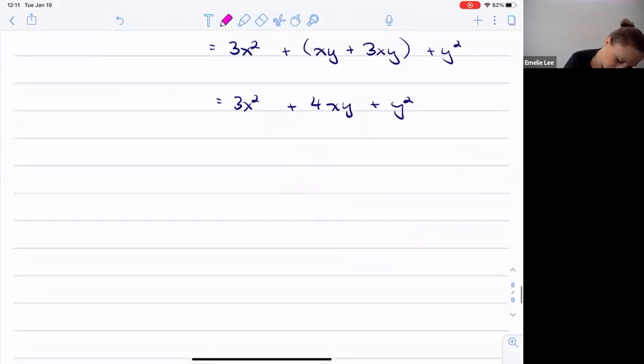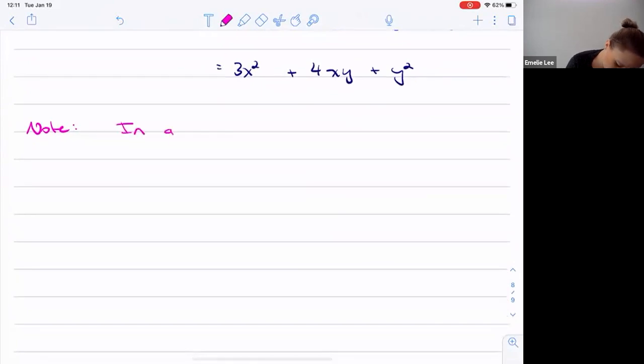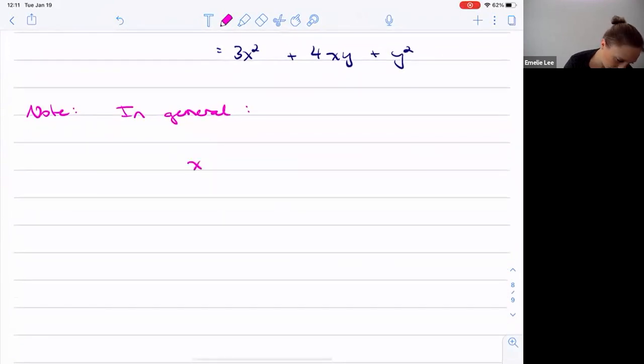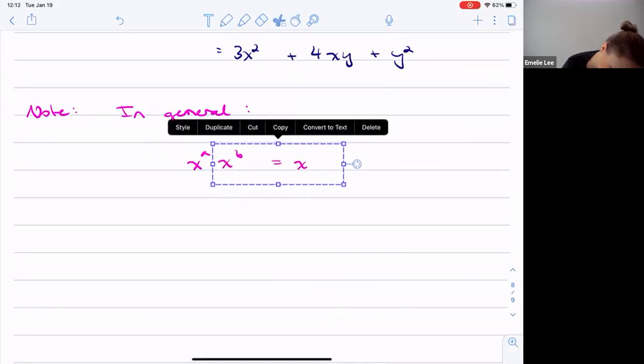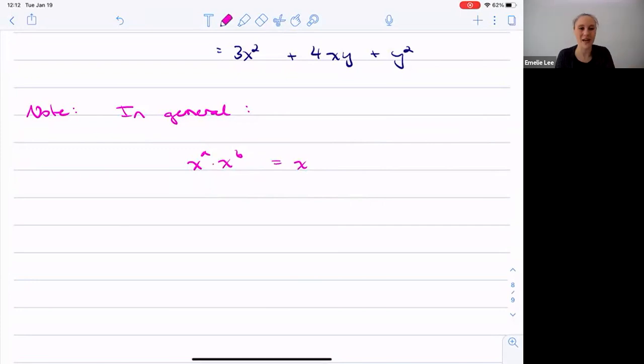Just as a note, in general, x to the power of a times x to the power of b is x to the power of a plus b. I don't know why I said adding at first.